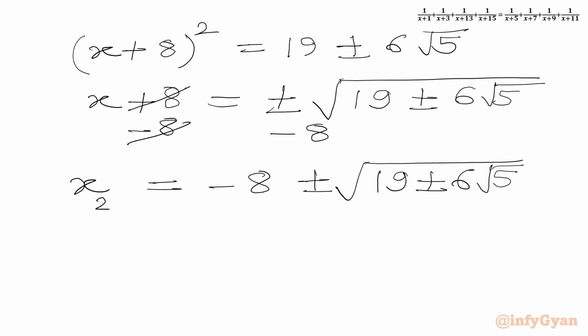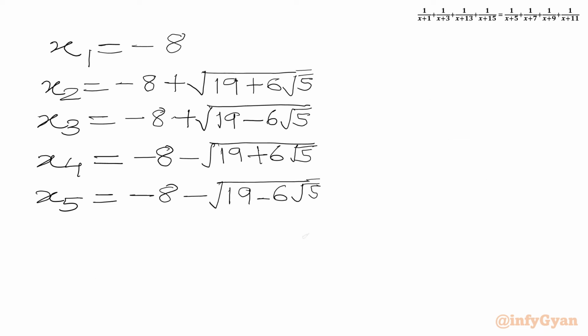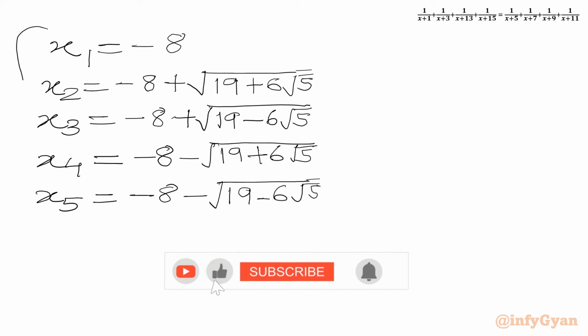So I can write 2, 3, 4, 5 are here, and our first solution was x1 equal to minus 8. So in total we have 5 solutions. Let me write all the 5 solutions here. So these are our 5 real solutions for the rational equation challenge.